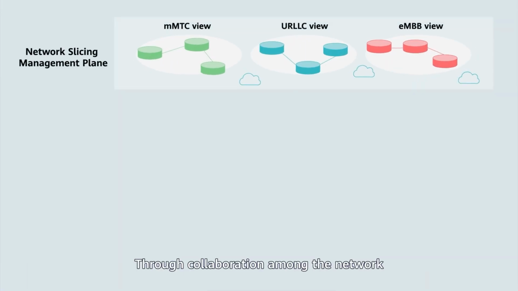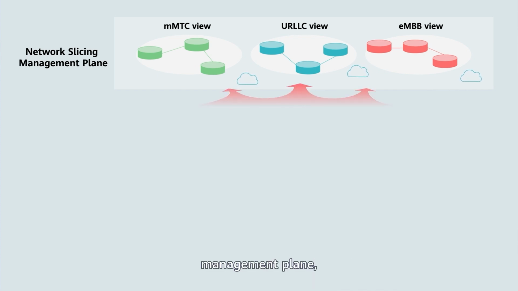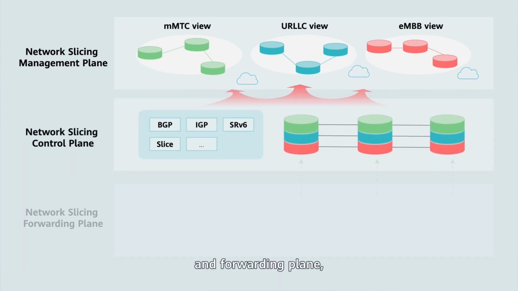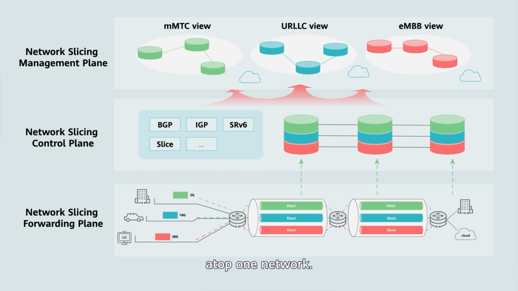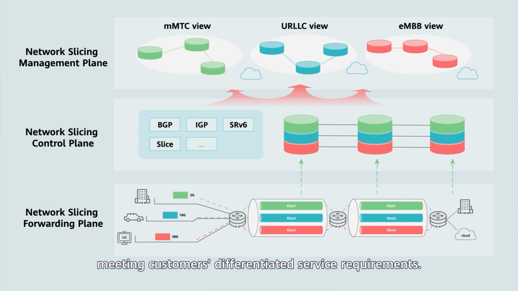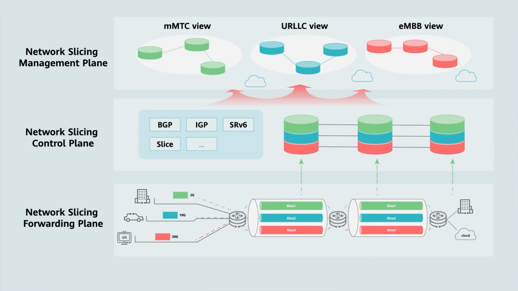Through collaboration among the network management plane, control plane, and the forwarding plane, this solution enables the creation of multiple private networks atop one network. These private networks can provide isolated network resources and guarantee service SLAs, meeting customers' differentiated service requirements.